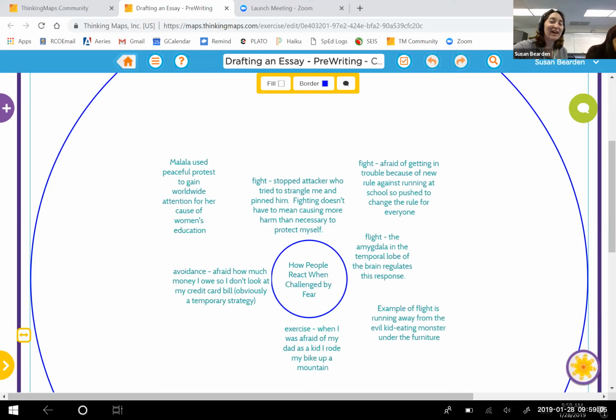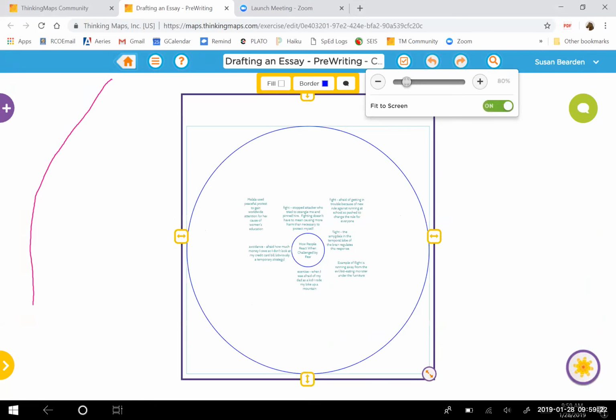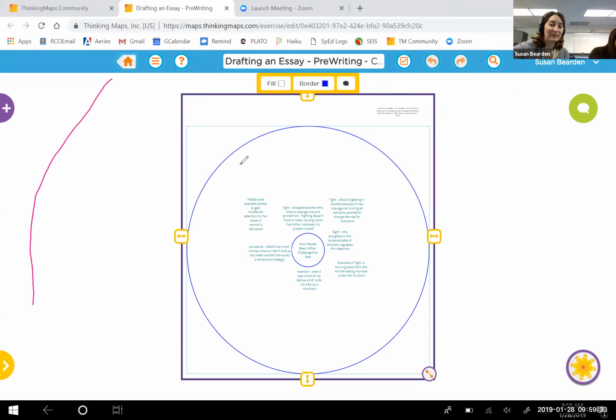So you can see we're back to our circle map. Once we've got a lot of our ideas down, we are going to be adding our large circle that goes all the way around. And let me see if I can get this to shrink down a little bit so you guys can see the whole thing. There we go. Okay. So once we've got all of our ideas down, we will draw a large circle around them, like you see this blue circle.